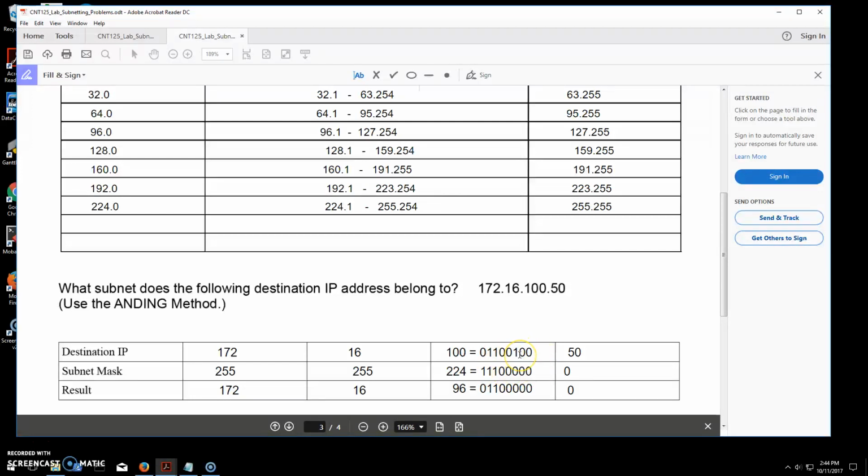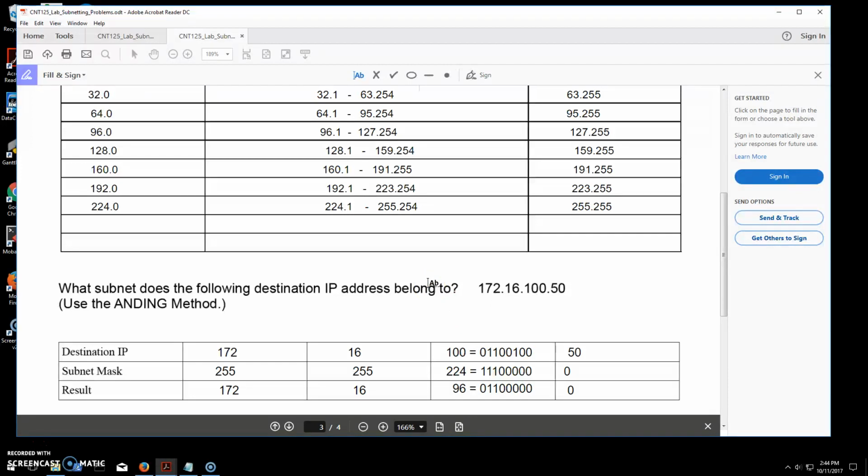I know it's got to be a usable host IP. I don't need to go any further. If this number was all zeros in the host portion, we would know it's a network number. If it was all ones in the host portion, we would know it's a broadcast address, if you will. So there's another sneaky little trick to do.